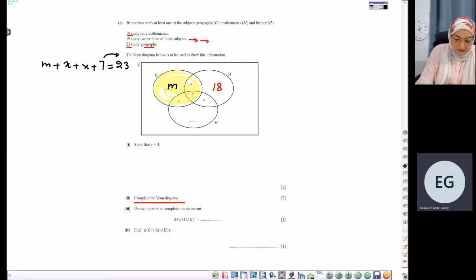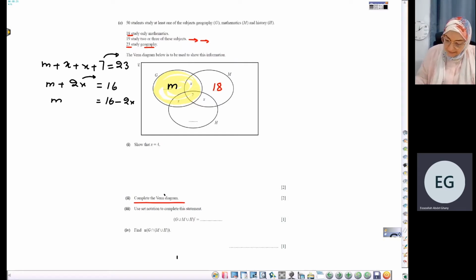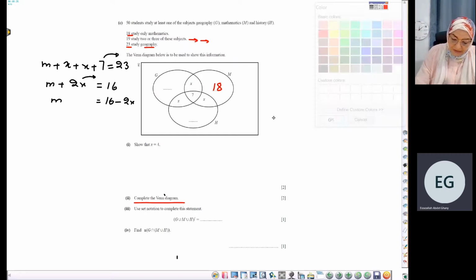Shift the 7 to the other side. Here you have m plus 2x equals 23 minus 7, which is 16. But we need to find m. Okay, let's shift this 2x also. So m is equal to 16 minus 2x. So we have to remove this m and put here this information, 16 minus 2x.